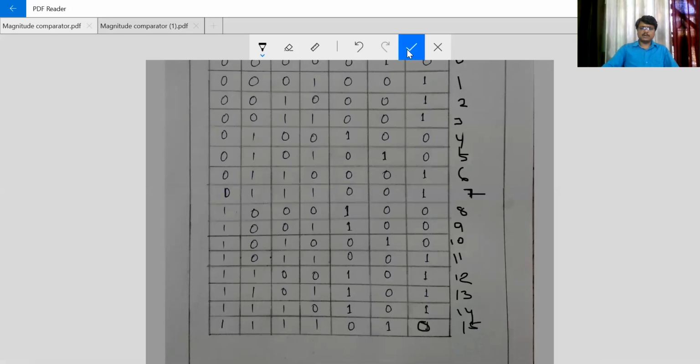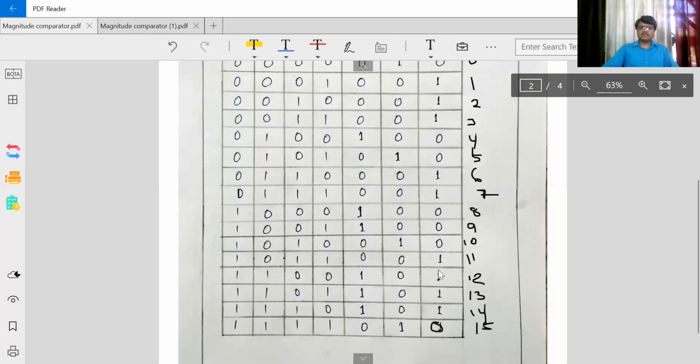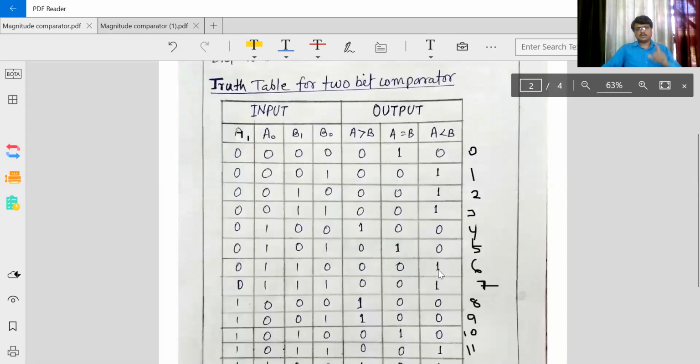I'm writing this because I have to fill the K-map.